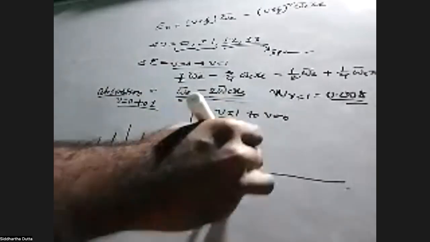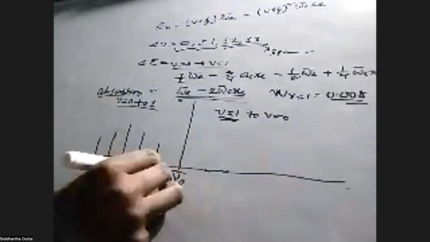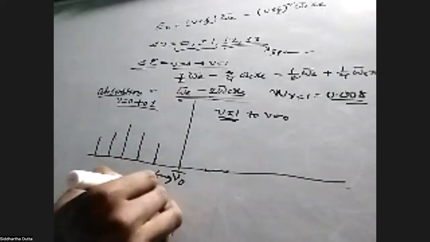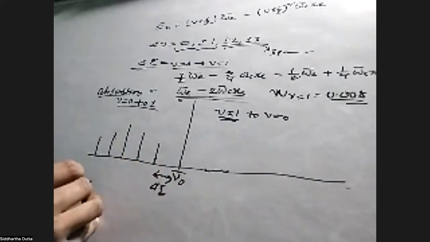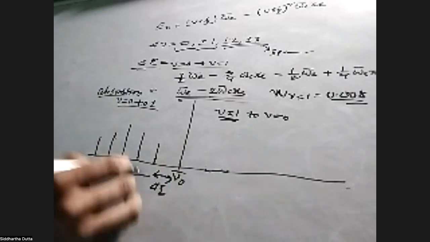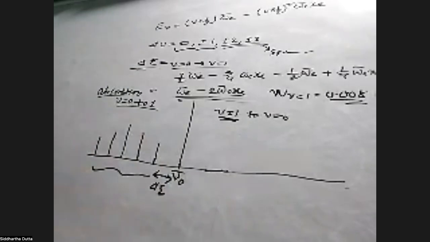So we generally do not discuss the anti-Stokes lines here. This is the delta v, the fundamental delta v here. This will be the spectrum for vibrational Raman spectrum.